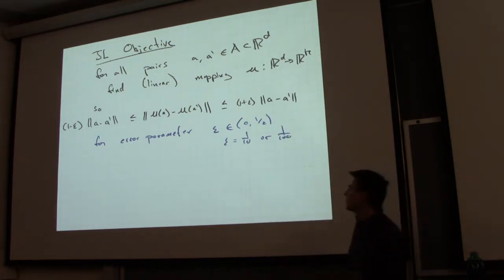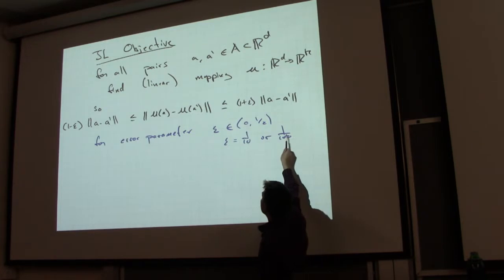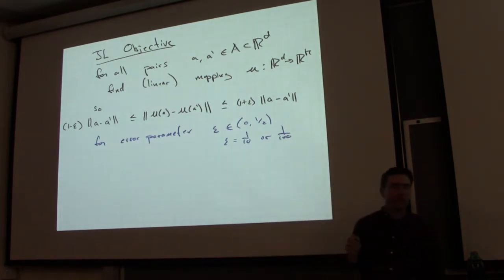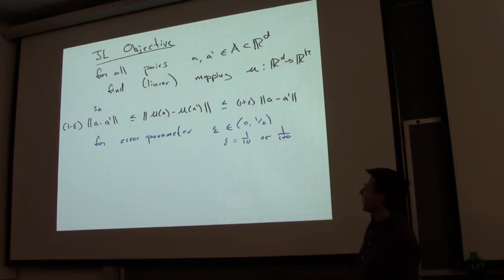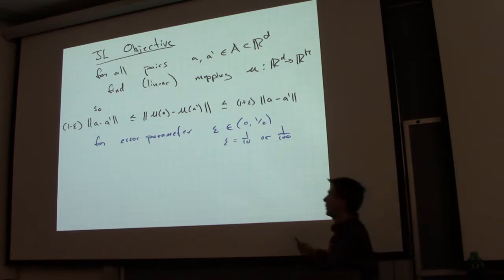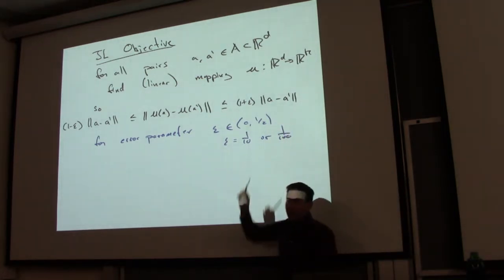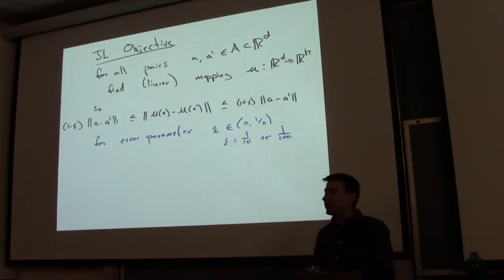So say this would be 10% error or 1% error in the distances. Right? So if the distance is really big, let's say the original distance is 20, and so let's say that's one of the larger distances.